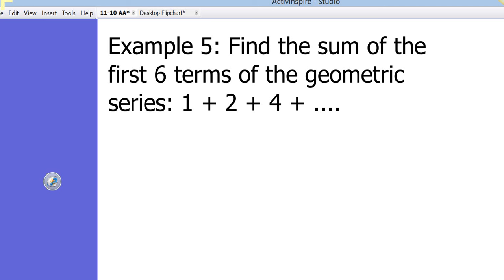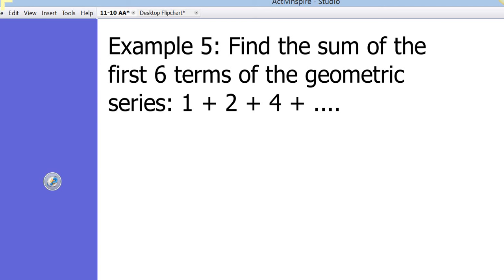So my ratio is times 2, times 2, times 2, times 2. So it's 1 minus 2 to the nth power over 1 minus 2. Okay? So if I want to find the sixth term, it's S of 6 equals 1 times 1 minus 2 to the sixth power over 1 minus 2.